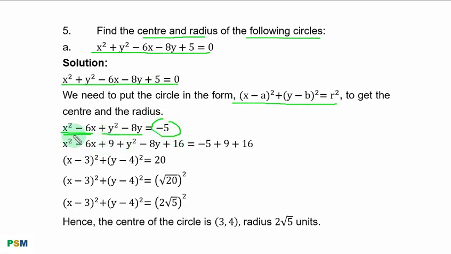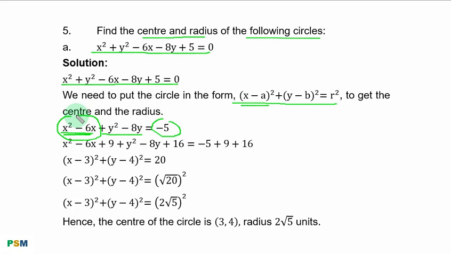We need to factorize this term to have it in this form. To do that, you have to change this term to a perfect square.